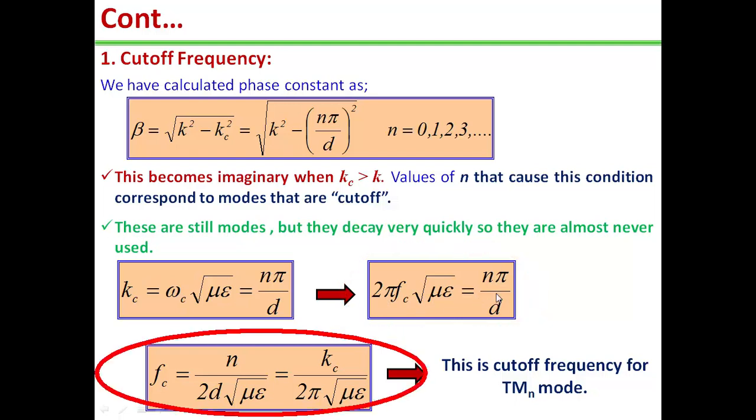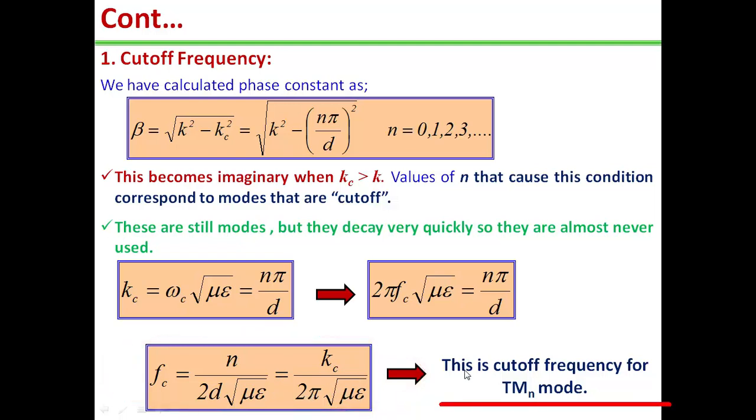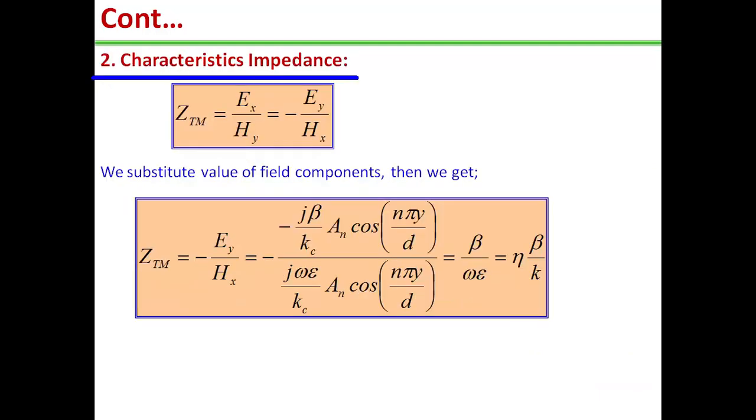After solving this equation, we have cutoff frequency fc equal to n divided by 2d square root of mu epsilon, which is equal to kc divided by 2 pi square root of mu epsilon. This is the cutoff frequency for the TM-n mode, where n is the number of modes which will be propagating within the parallel plate waveguide.